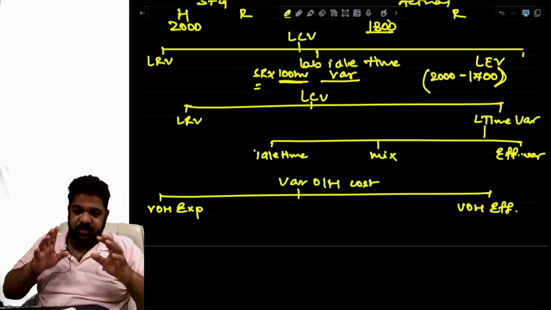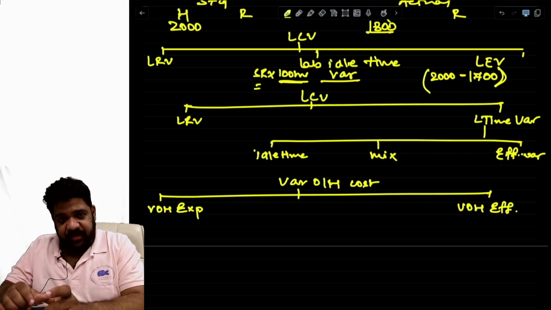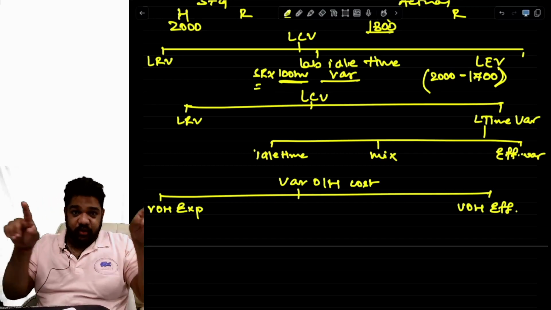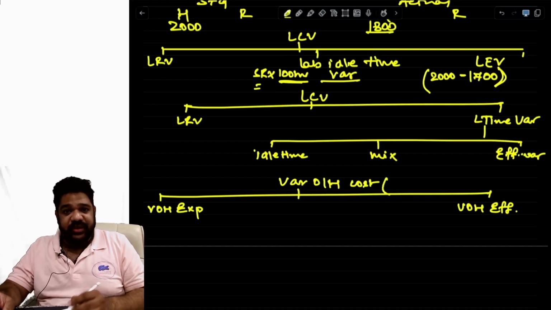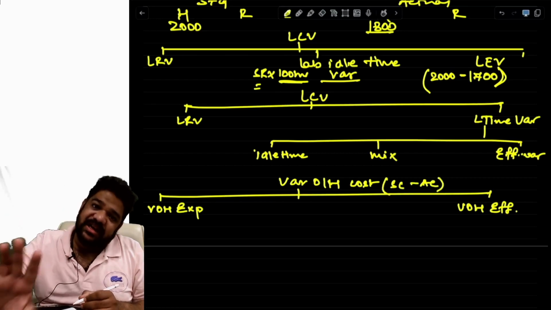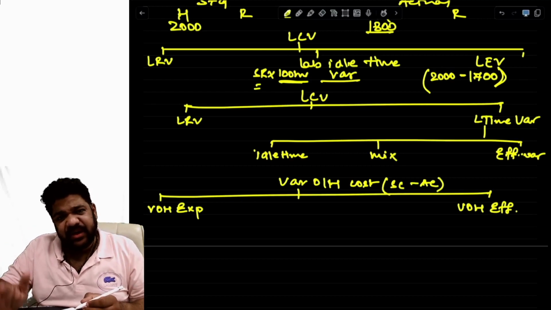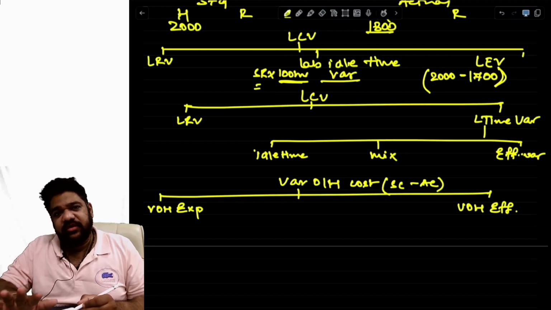Do not remember what is the name. Instead, remember what working you do in that particular block. So over here, for example, you do standard cost minus actual cost. So keep that as the same. Okay, be it material or labor or variable overhead, that will always and always be the same.